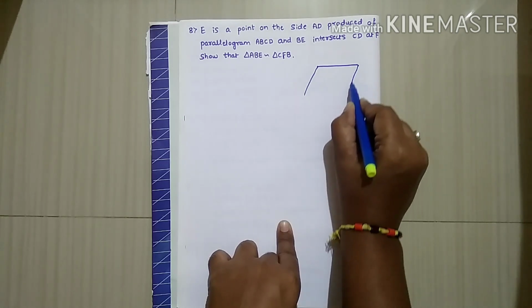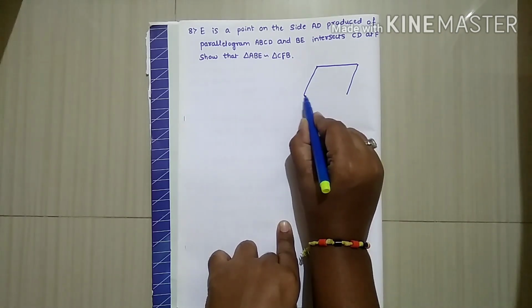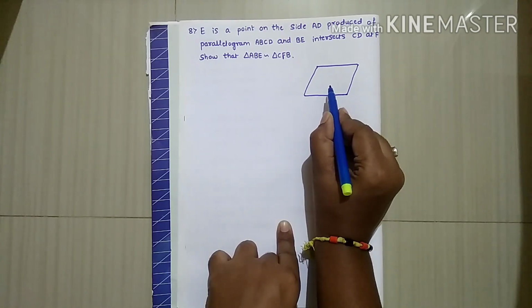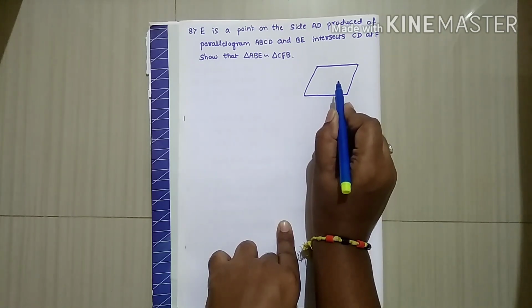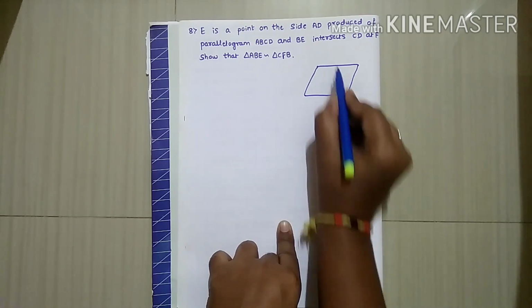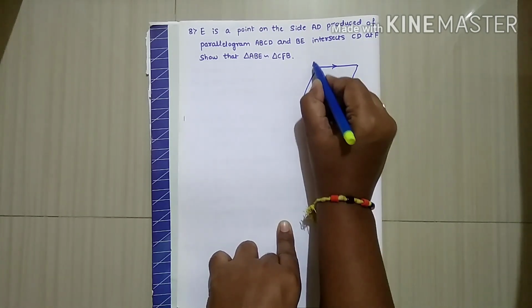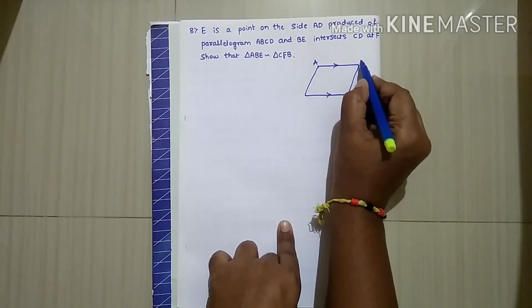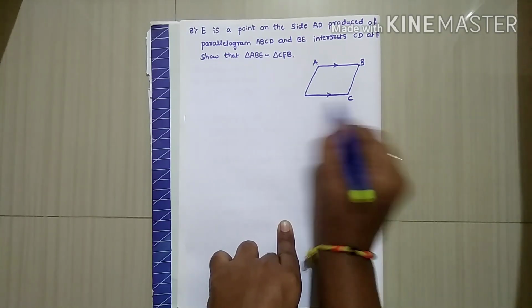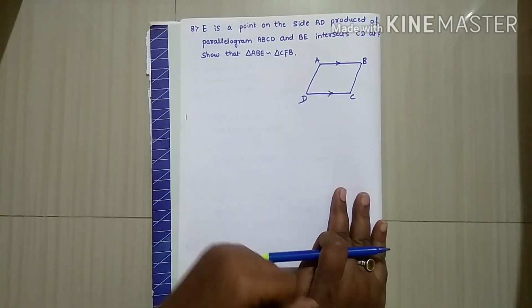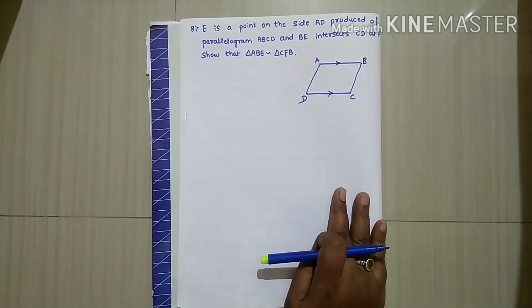In a parallelogram, opposite sides will be equal and parallel, and opposite angles will be equal. You already learned those properties of parallelogram in 9th standard. That you have to keep in mind.